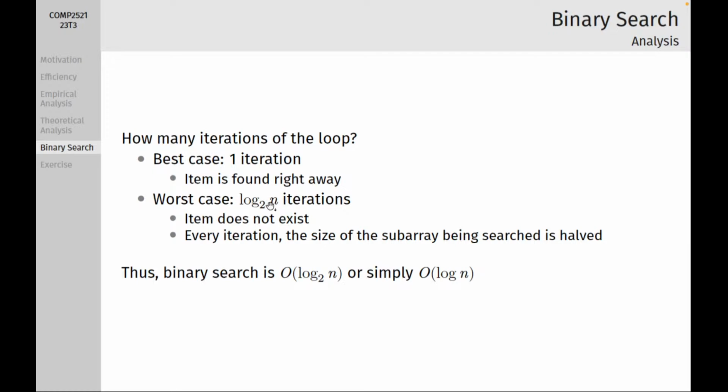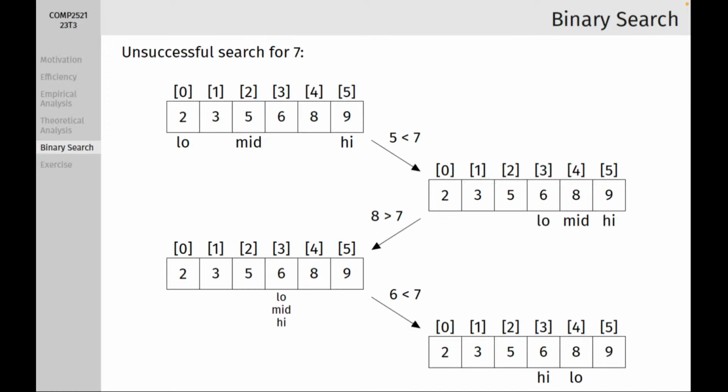And in the worst case, it would be log n, log base 2 n iterations. And the reason is every time you make a comparison, you are basically halving the part of the array that you're searching in. You're halving your search space.